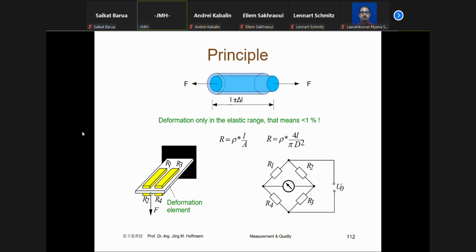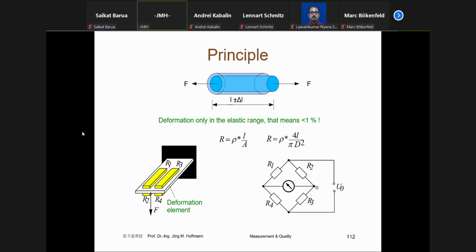And when you lead in this force, you get a very small elongation on this side and a small compression on the other side. So this resistance R1 would be bigger, that would increase. R4, this is this one, would be smaller. And this voltage would go down.